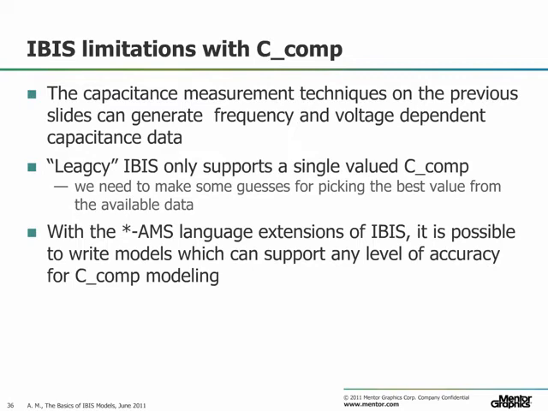For example, if your buffer model is used in gigahertz simulations, it wouldn't make sense to use capacitance values which were measured at a few megahertz only. Similarly, you should pick a capacitance value from a voltage range that matches the signaling levels of your simulations. On the other hand, if you need a more accurate model, you might want to consider the AMS language extensions of IBIS.